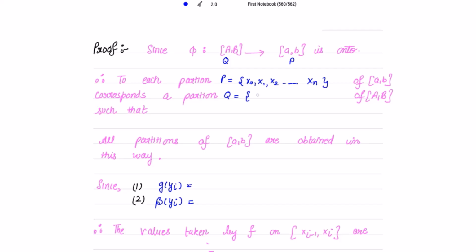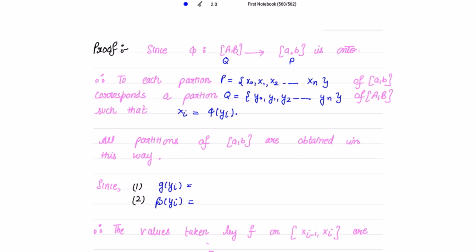Let me take this partition as y0, y1, y2 up to yn, such that for every element xi, right, because I'm having the partition P over here and elements like x0, x1, x2, for every xi I'm having at least one element from this closed interval, that is phi of yi.